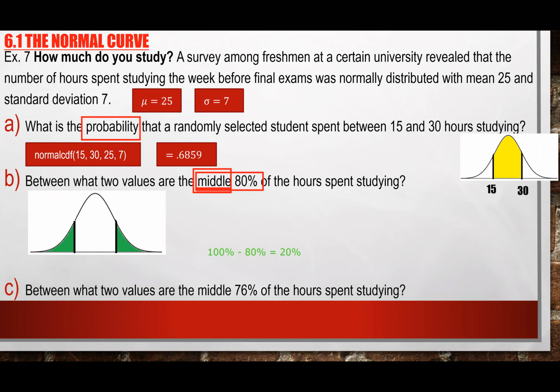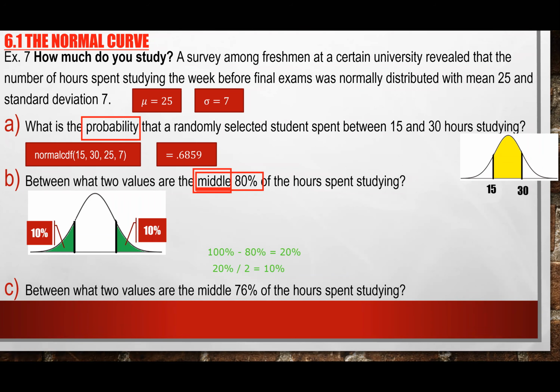Because the 80 is in the middle, I have two sides, the left side and the right side. Because this is symmetric, all we do is take this 20% and divide it by 2. Why? Because we have two sides. If I divide it by 2, it comes out evenly: 10% on the left side and 10% on the right side.